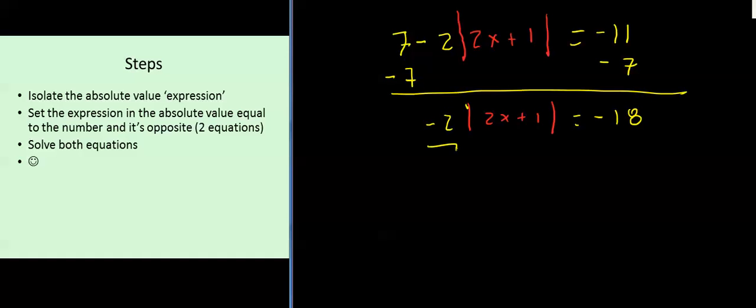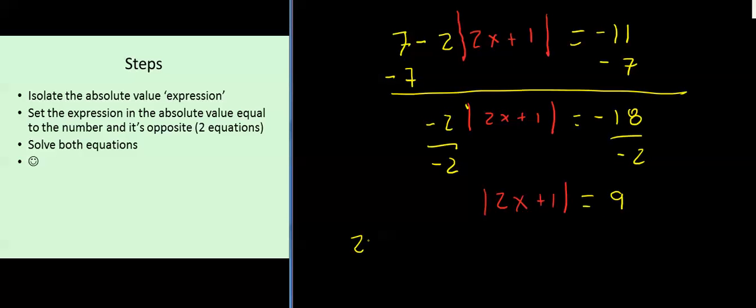Then I divide by -2 on both sides, and I get the absolute value of 2x plus 1 is equal to 9.